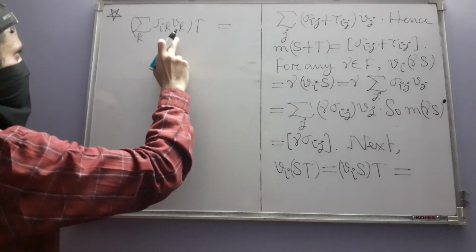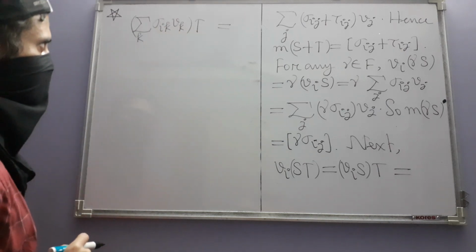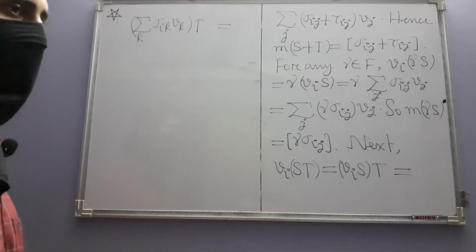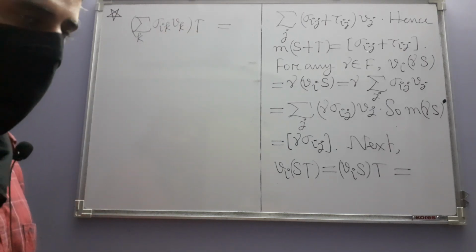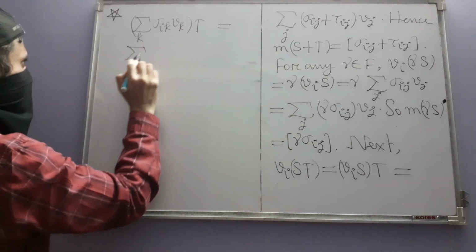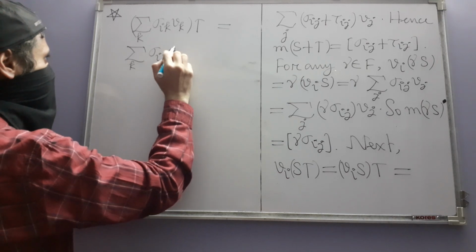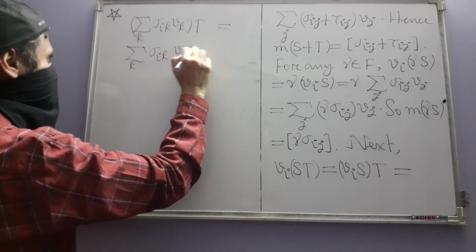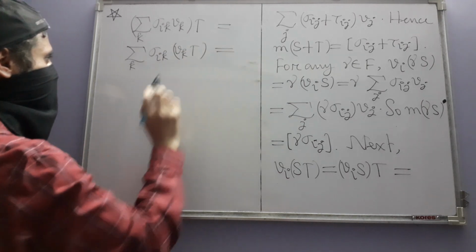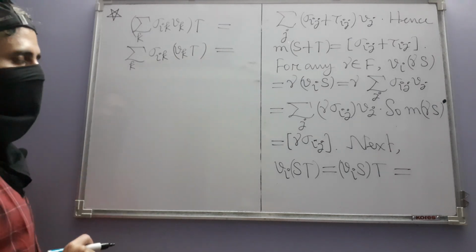Now, what is this? This is after all a linear combination of the basis vectors Vk, on which we are applying T. Because T is a linear operator, this is simply this. And now we also know what VkT is.